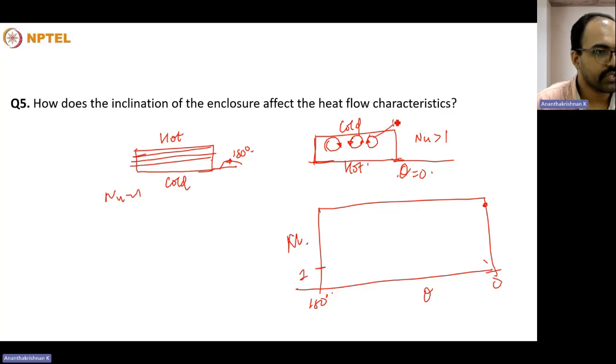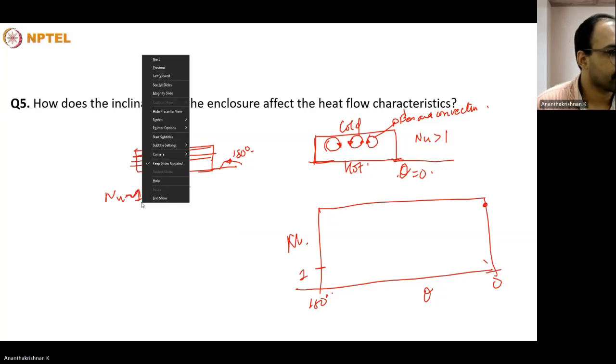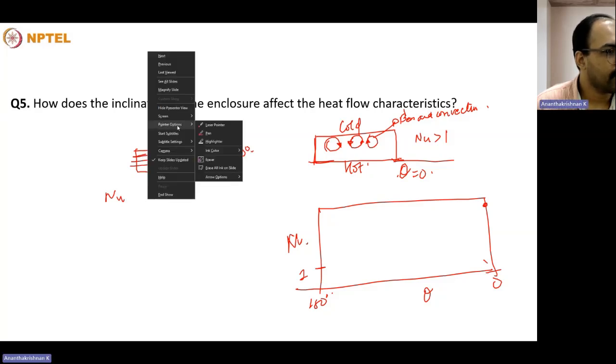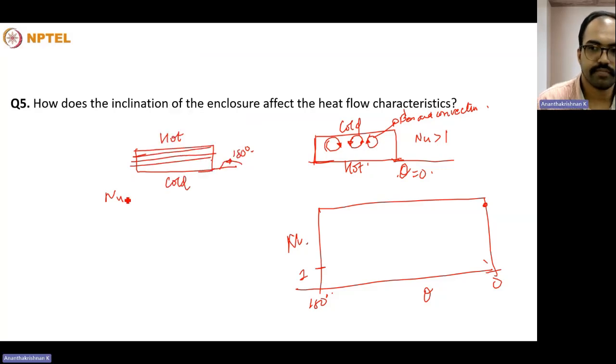So this is Bernard convection, what we have seen in the previous case. What happens is that the Nusselt number value, the heat transfer, as well as the natural convection varies as and when the orientation changes.